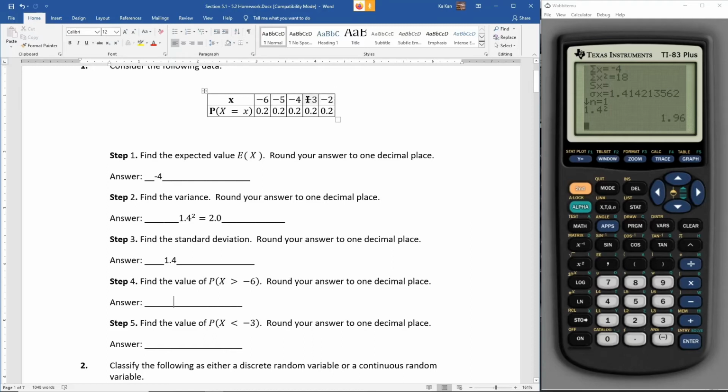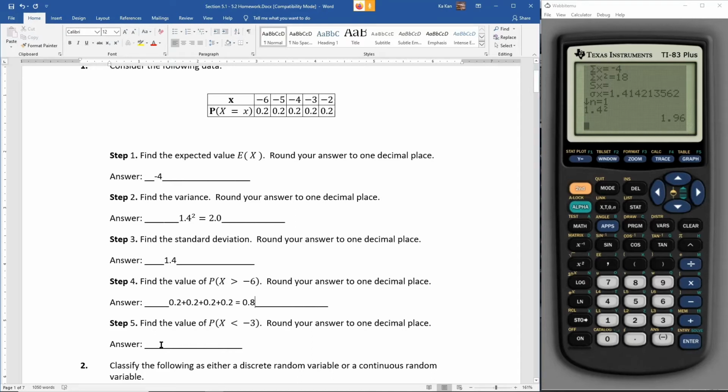So -5, -4, -3, -2. Add all 4 of them together. So of course you end up with 0.2, 0.2, 0.2, 0.2, which equals 0.8. So there is an 80% chance you will get above -6 in this particular distribution.